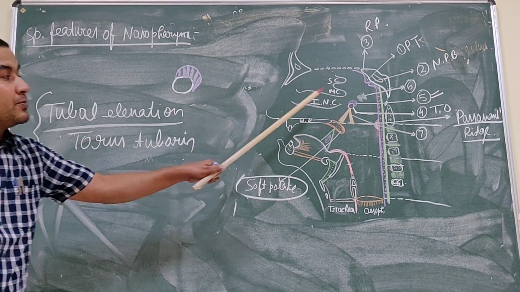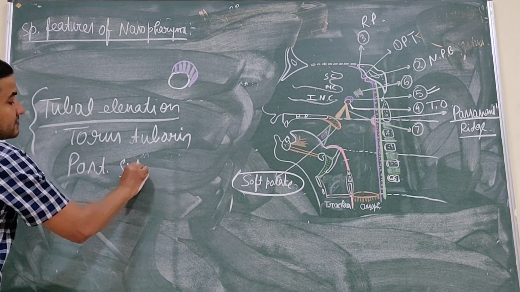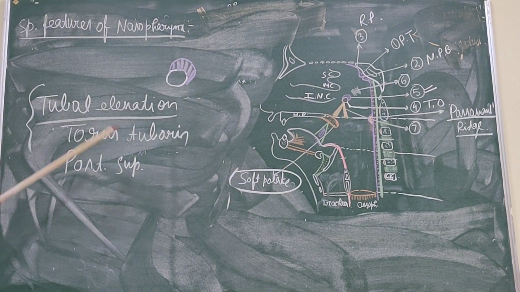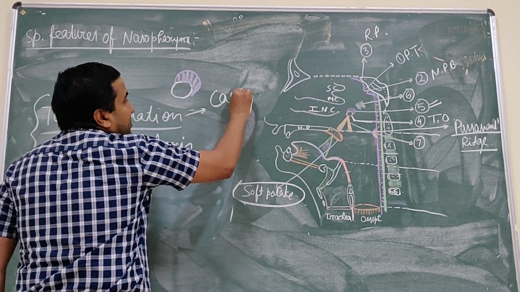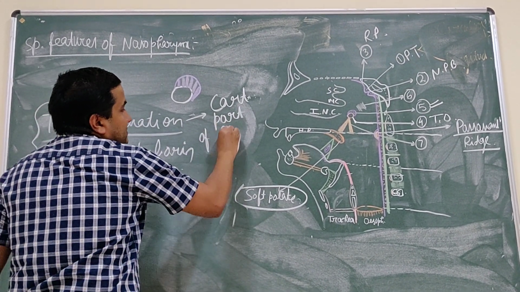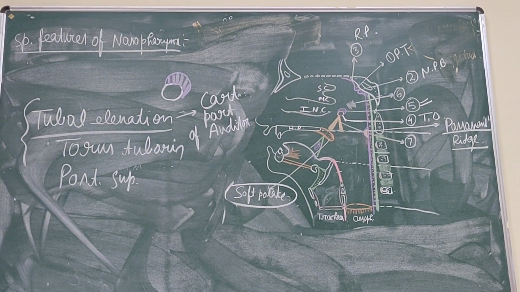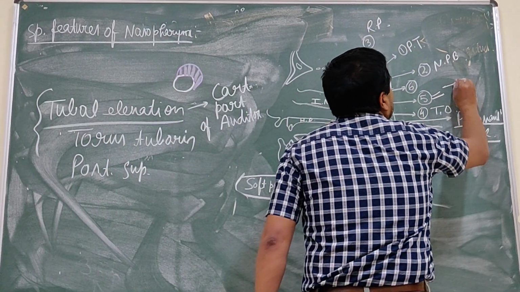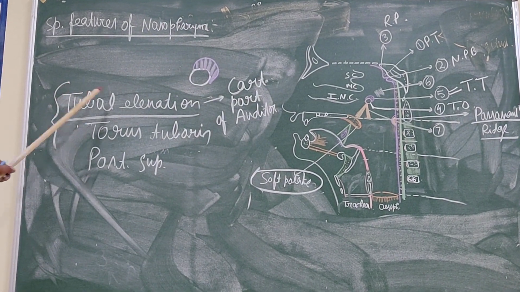It is situated posterior-superior to the tubal opening, and this bulging elevation is due to the cartilaginous part of the auditory tube. This bulging posteriorly is the torus tubarius or tubal elevation.